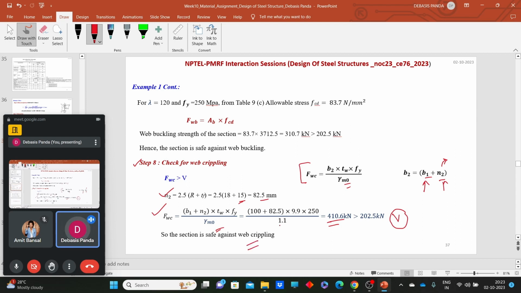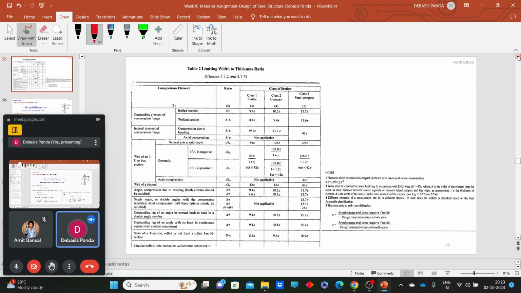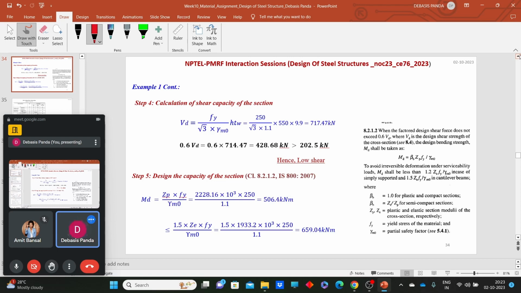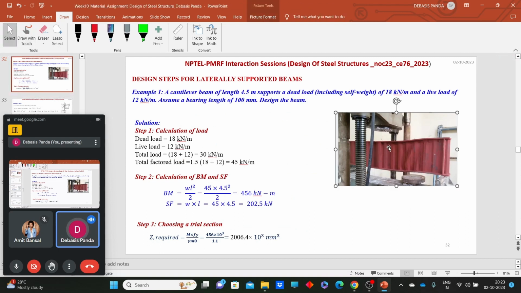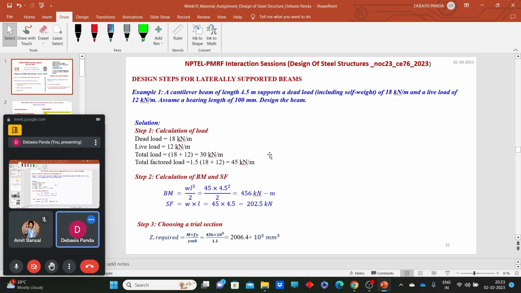So let's quickly summarize what we have covered during the design of the beam. First, let me remove the picture from here. Okay, so first, what was given in the question: we need to design a cantilever beam which is subjected to a combination of dead load and live load.